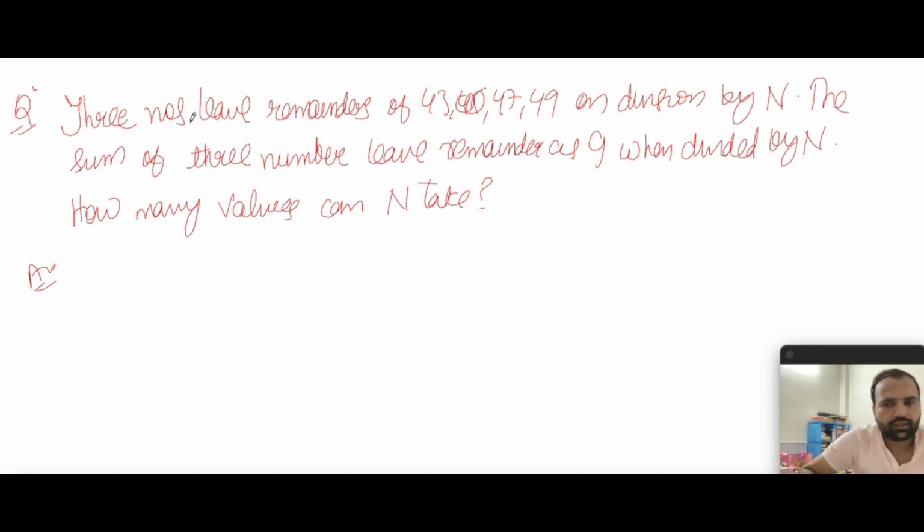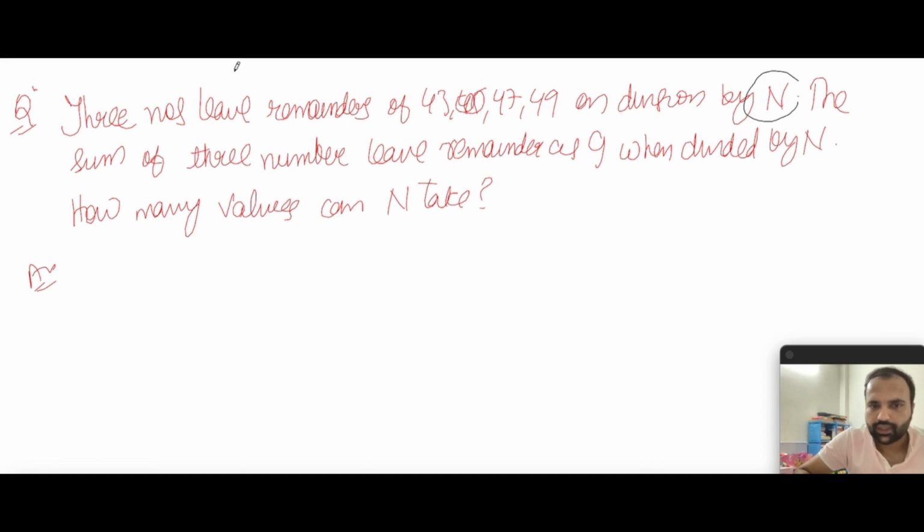So there are 3 numbers, you can say any 3 random numbers, which have been divided by n. These are the remainders, 43, 47, and 49 on division. If we add these 3 numbers and again divide the sum by n, it leaves a remainder of 9. Again, think, do not get confused.